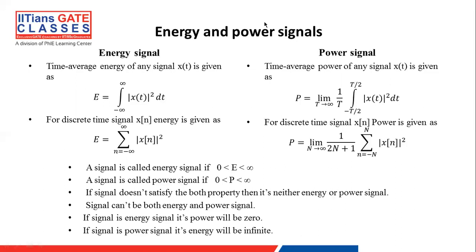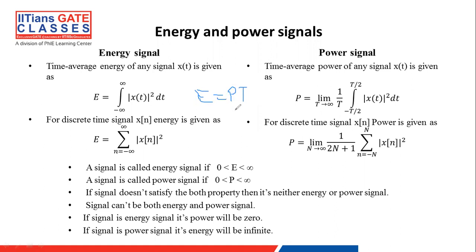Let me explain why that is the case. We know that the energy is given as E equals P into t. Let's say that the signal is a power signal.